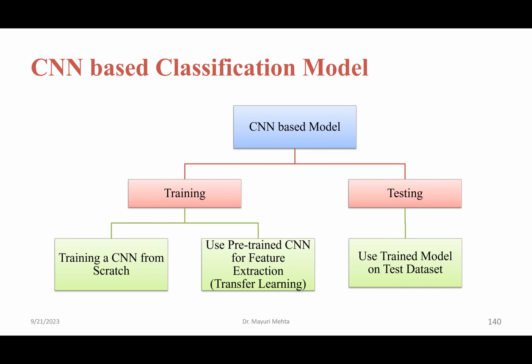CNN falls under supervised learning models, so it requires labeled data, because supervised learning means we use labeled data and unsupervised learning means we use unlabeled data. So CNN needs a massive amount of labeled data if we want to train it from scratch.